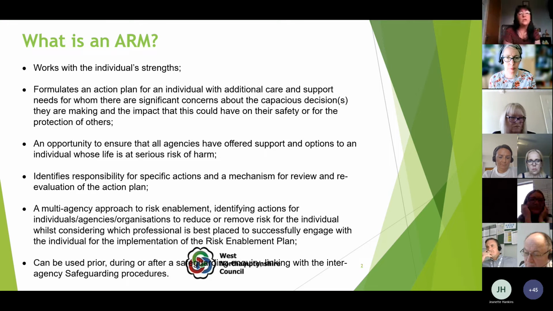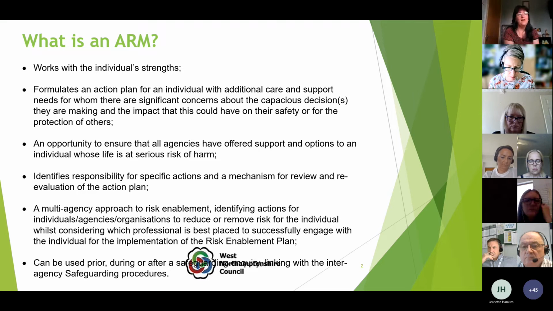It's an opportunity to ensure that all agencies have offered support and options to an individual whose life is at serious risk of harm, and it identifies responsibility for specific actions, and also it triggers a mechanism for review and re-evaluation of any action plan.